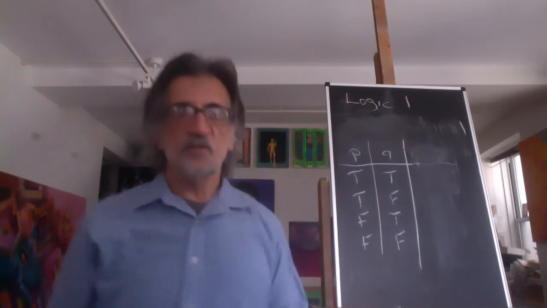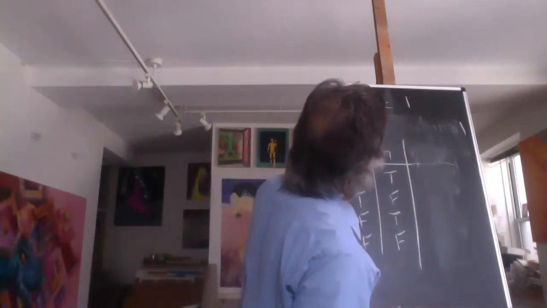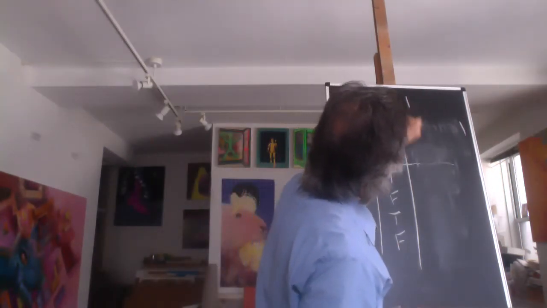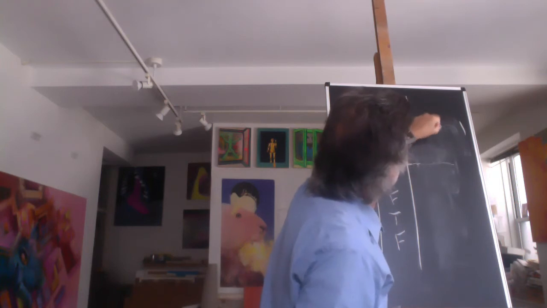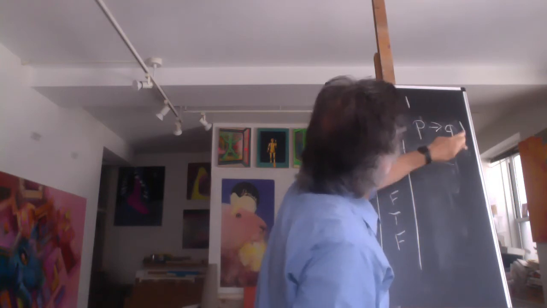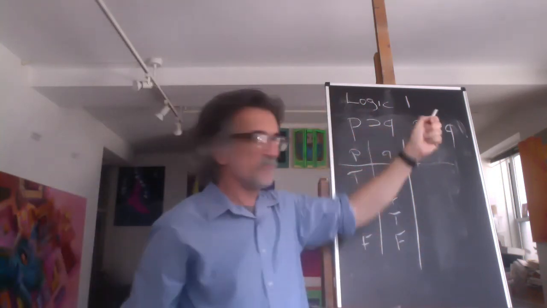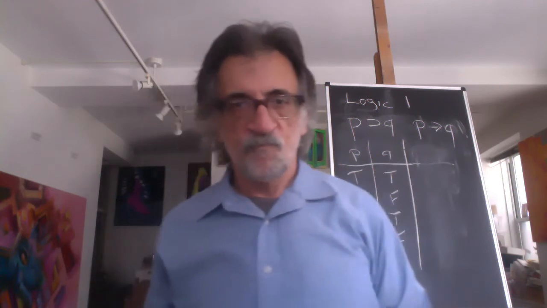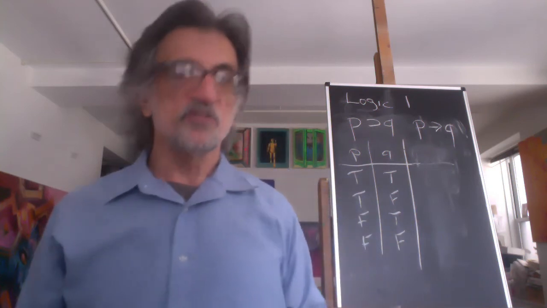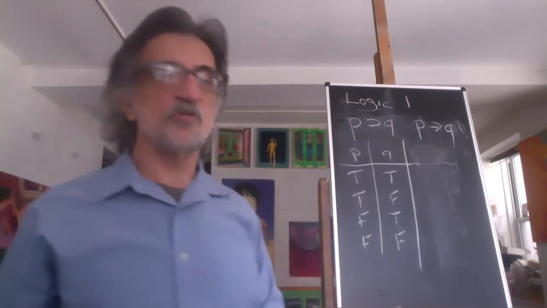When we have these two propositions, P and Q, we can connect them with, sometimes people use this horseshoe shape, sometimes an arrow, to mean if P, then Q. Or sometimes people like to say P horseshoe Q.